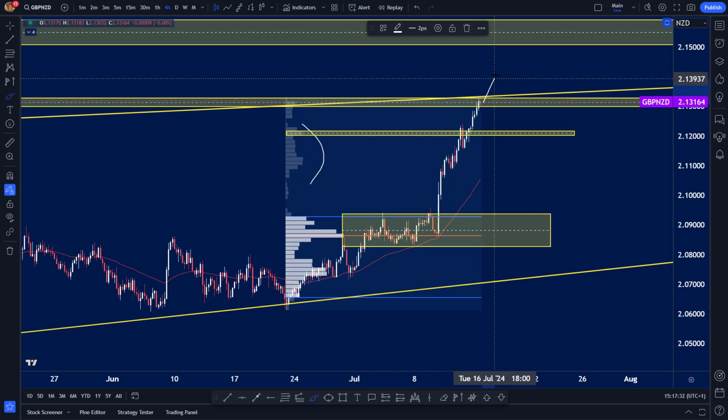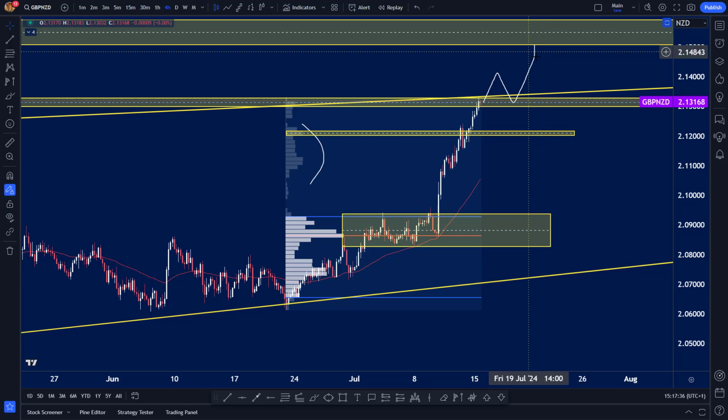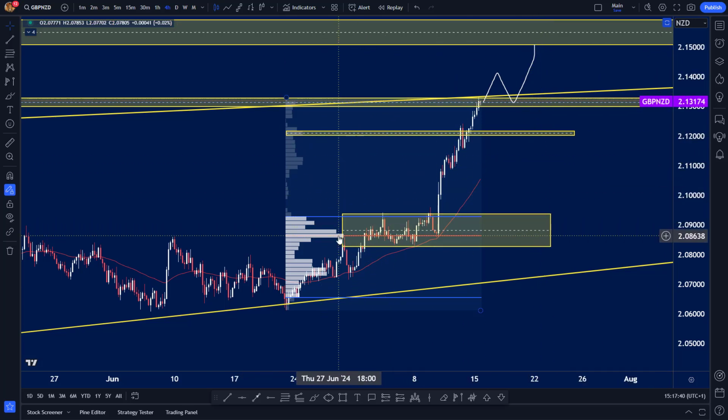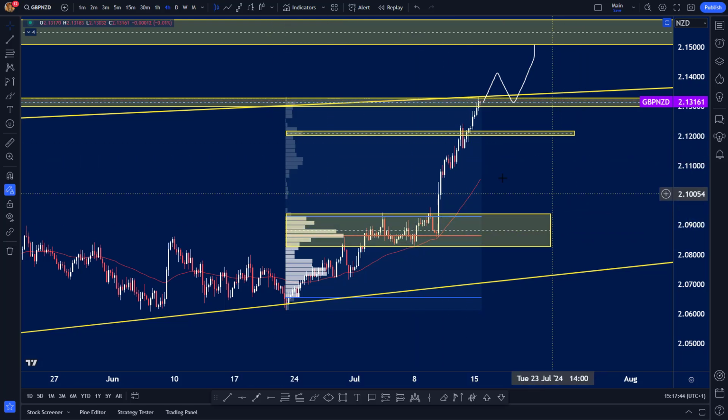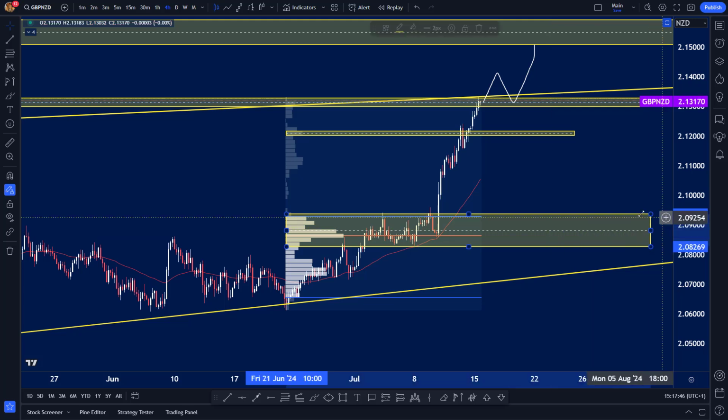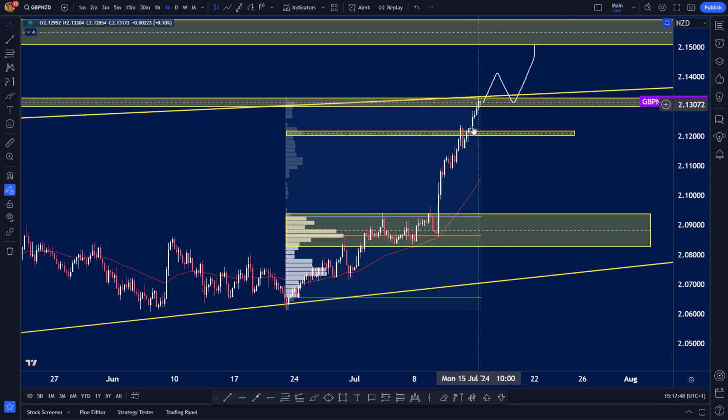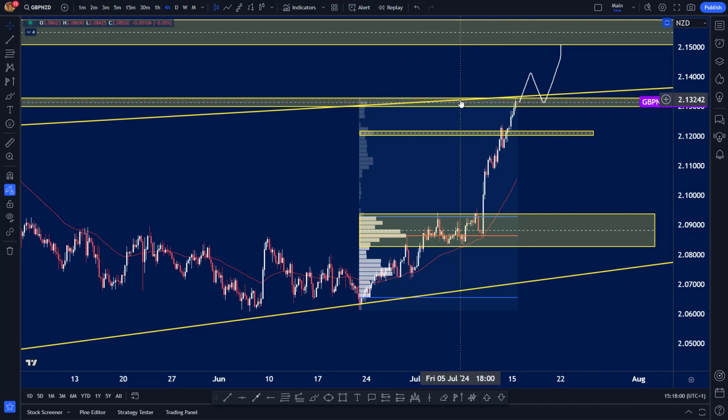So the other theory I have is if we breach out of this, it could retest it as support going back up into that 2.15 handle. That's what I'm looking at going into this week. I would much rather price be down here, obviously, for selfish reasons, but we're not going to get that, I don't think. I think the market's going to stay up high, so looking for longs on any type of breakout situations in here.